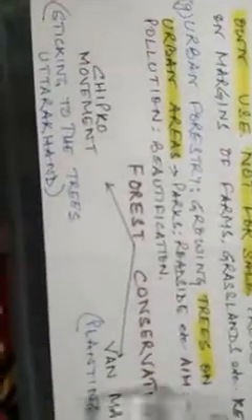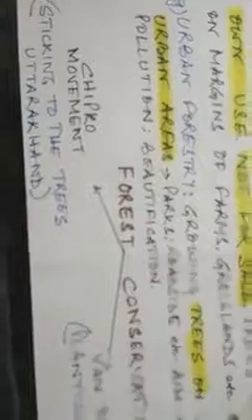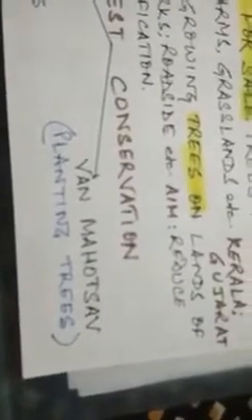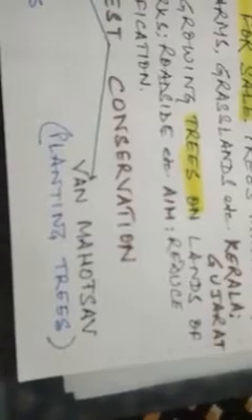That was started in Uttarakhand, as the name is given there. And another one we all have heard of, Van Mahotsav, where trees are planted, millions of them are planted in the entire country, just for the simple reason to increase the number of trees in the country. In the next clipping, we will go to the differences.